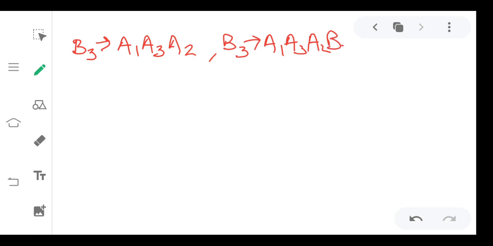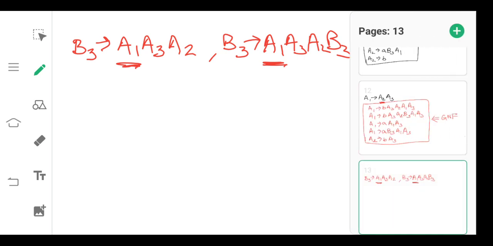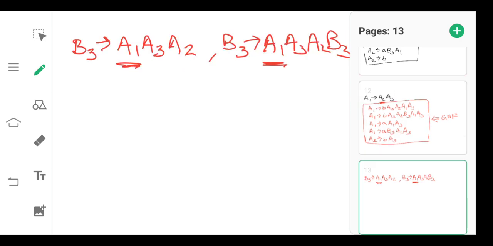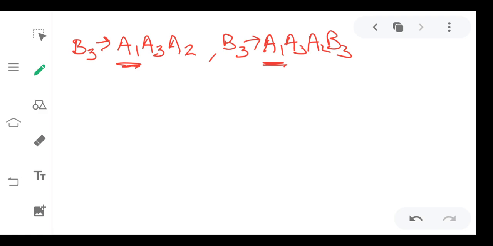So here also I have the first variable as A1, but we have already solved the productions of A1 in GNF form. So here for B3 also we have to replace all the set of productions of A1 with A1's production. So for B3 I can have two sets of productions as B3 produces.